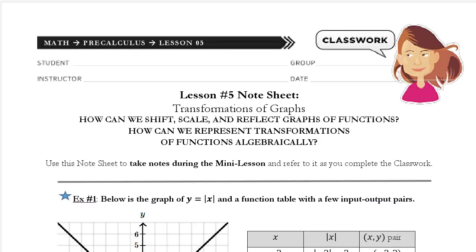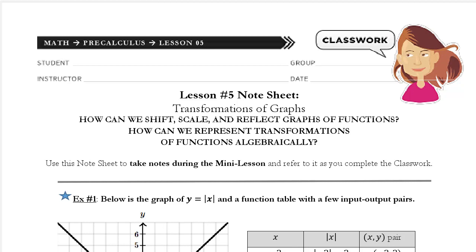So during the last lesson, we talked about different characteristics of graphs. So we talked about intercepts, we talked about if graphs are increasing or decreasing, and how to identify points given information in function notation. So this lesson is also about graphs, and we're going to talk about transformations. You've likely seen or heard the word transformation in a geometry class when we talk about rotating or reflecting or dilating different geometric objects.